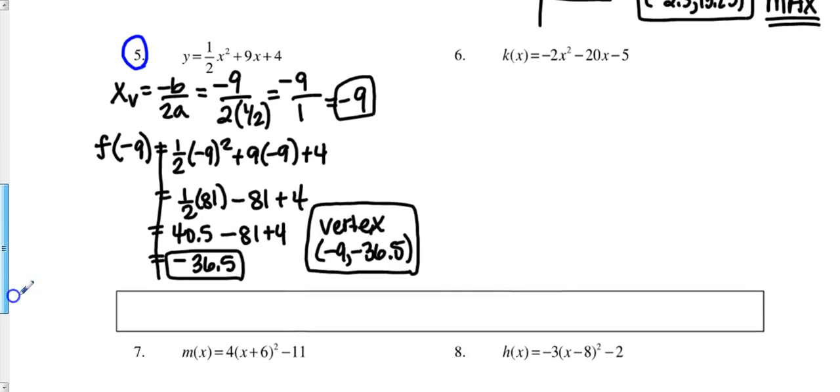Here, do we have a positive or negative a? Looking at a, it is 1/2. That is a positive value, which tells me that this parabola will open up, creating a min. Creates a minimum.